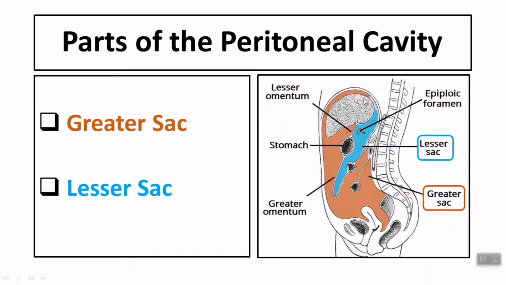The greater sac extends from the diaphragm above to the pelvic cavity below, while the lesser sac is that part of the peritoneal cavity that lies behind the lesser omentum and the stomach, and is bounded superiorly by the diaphragm above and below in between the two layers of the greater omentum. And there is a connection between the greater sac and the lesser sac through the epiploic foramen or foramen of Winslow.